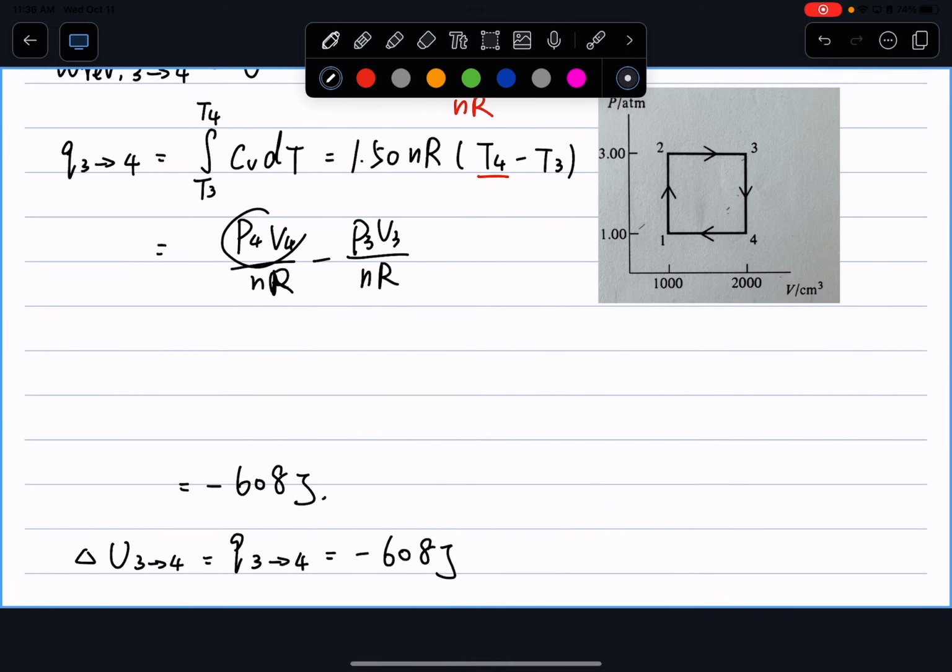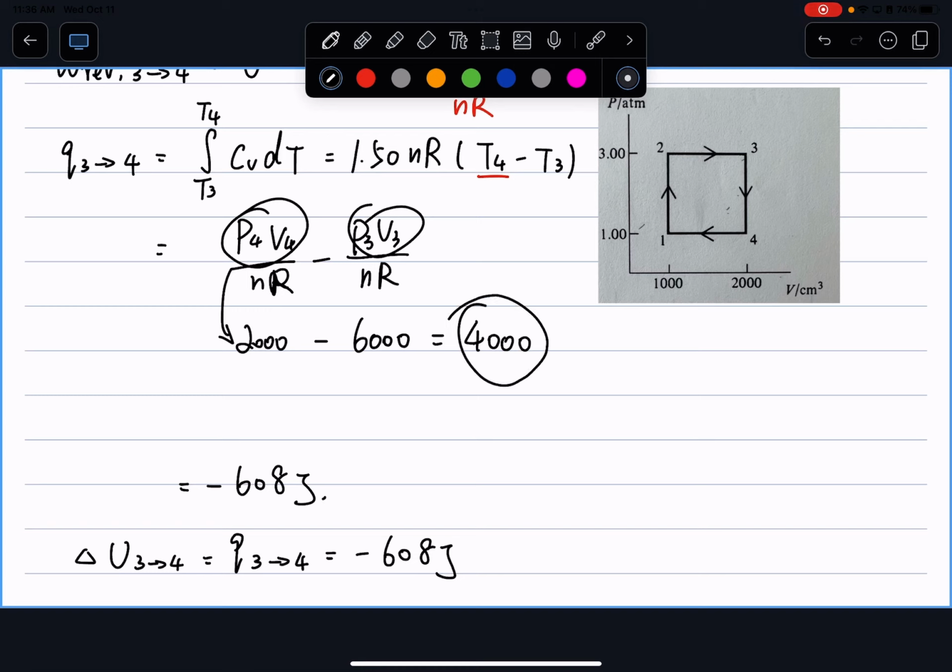So what is our P4 V4? P4 V4, that's 6,000. And my P3 V3 is 6,000. All right, so the difference here is 4,000 atm cm cubed. And this one is very different from what we had before.